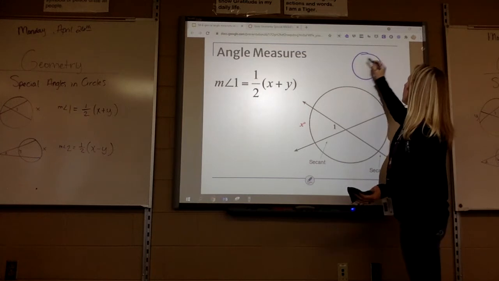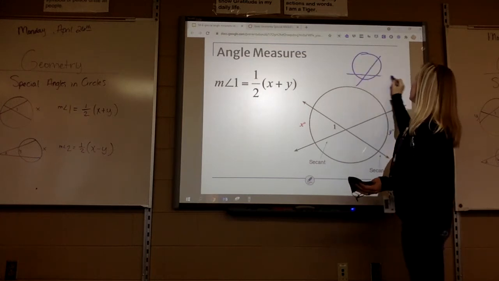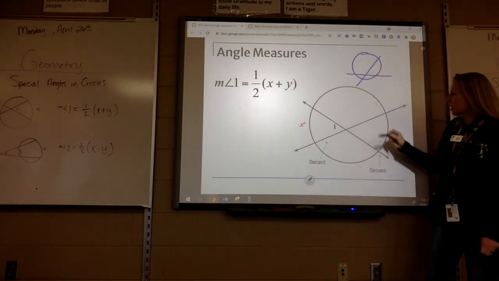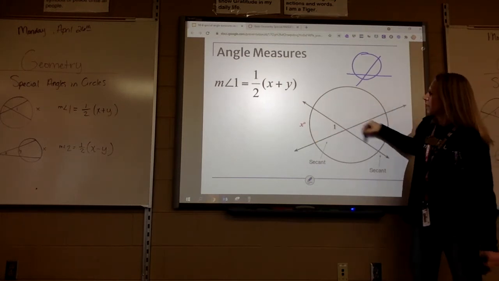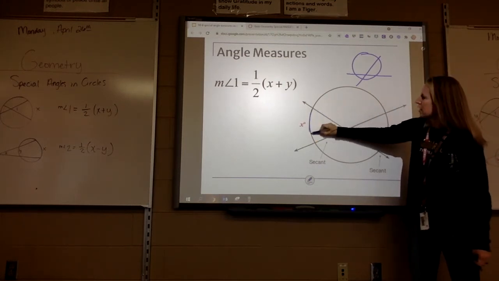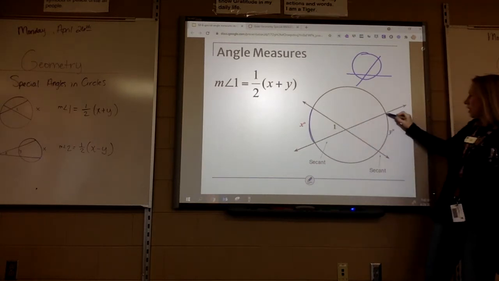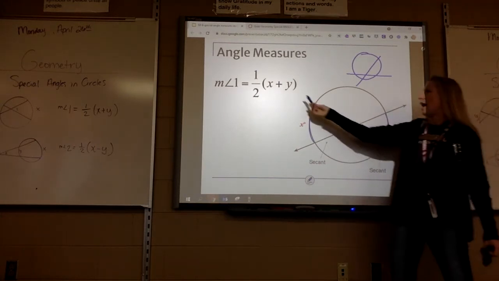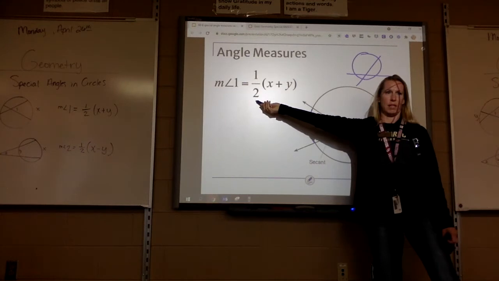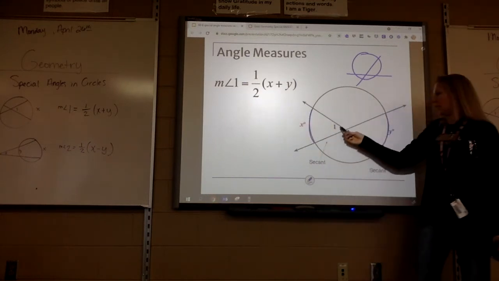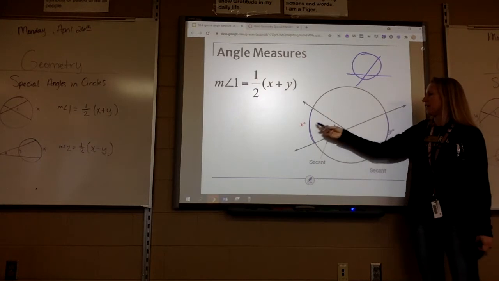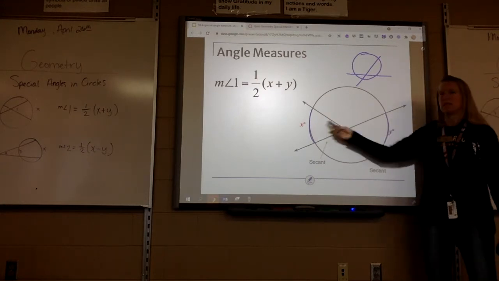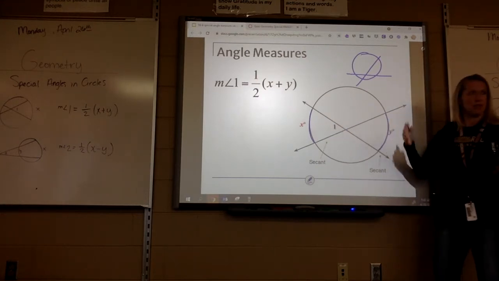So what you do is you take the two arcs in between these two secants, you add them together and then divide by 2. That's how you get this inside angle. So if the angle's on the inside, you just add those two arcs together and divide by 2.